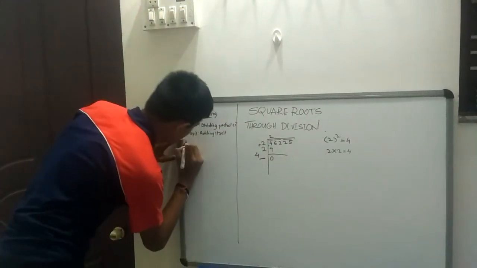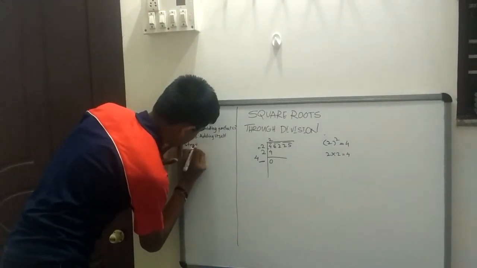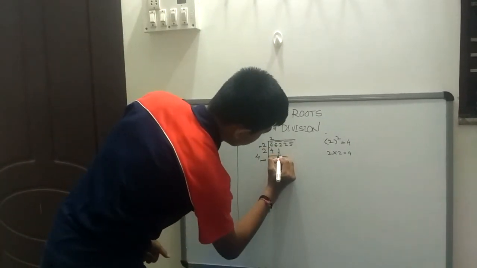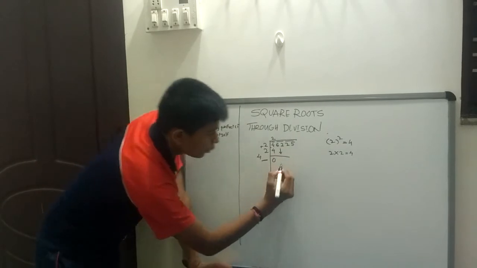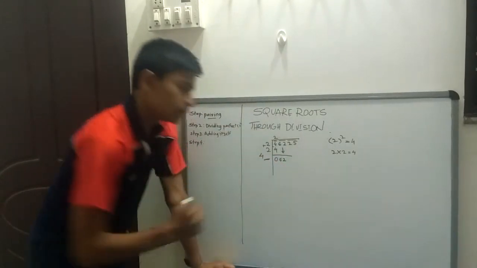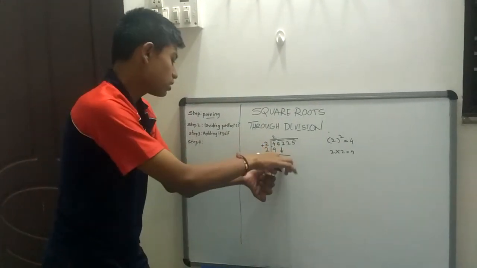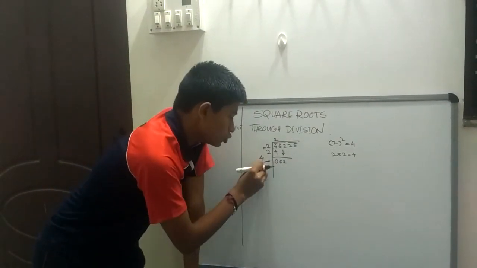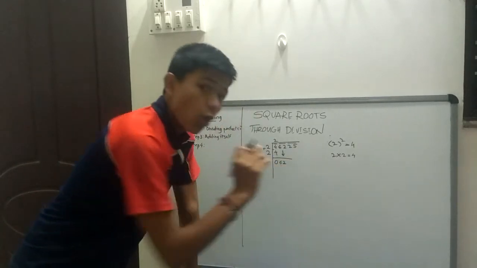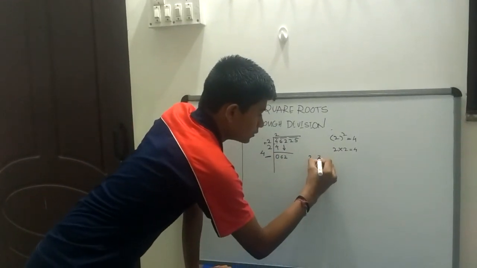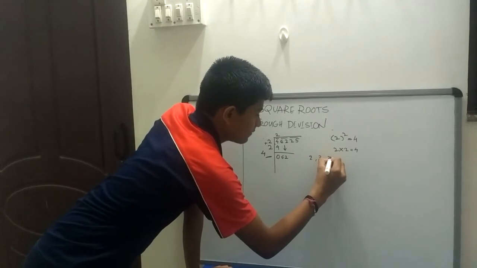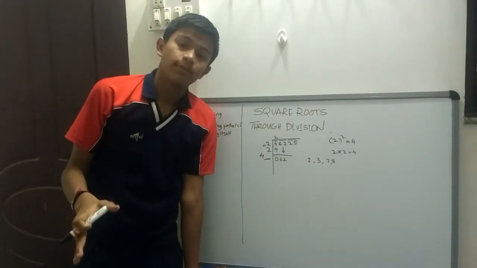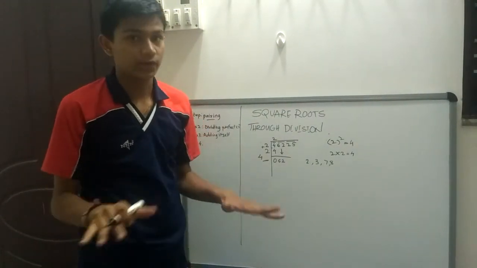So the step number 4. Now the pair is brought down, like 62. So now this 62 will be 462. You all know that 2, 3, 7 and 8, when they are in the ones digit of any number, that number is not a perfect square.